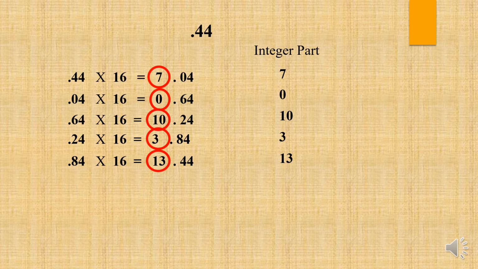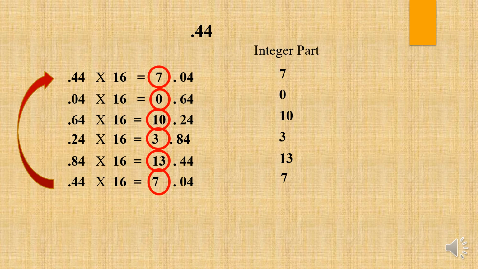So 13 is the integer part and 0.44 is the fractional part, and if we look at the first step, this is the same fractional part from where we started, right? So if we do the multiplication by 16 again and again, we will receive the same pattern. So here there is no need to multiply further.